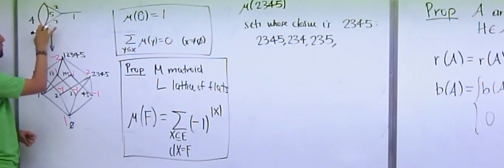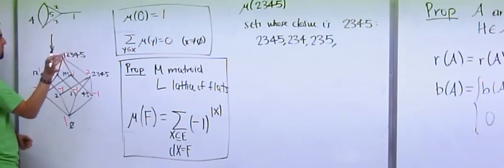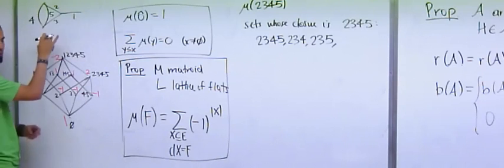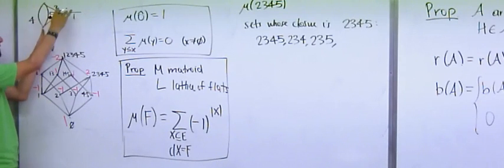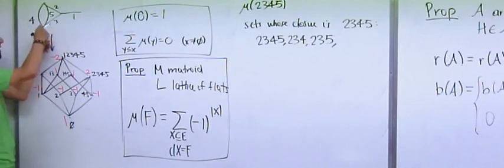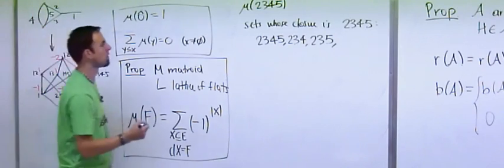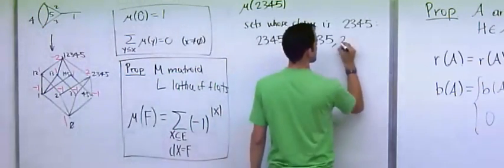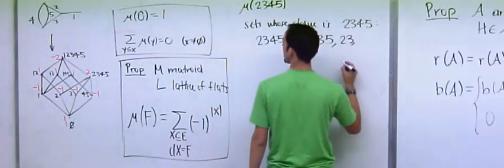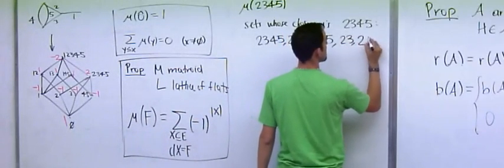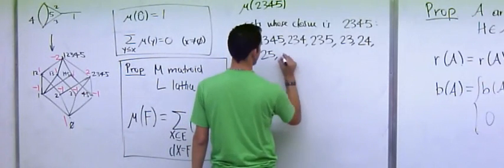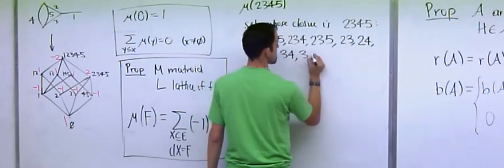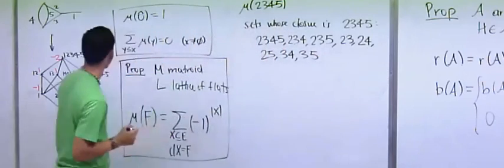No. The closure of 4 and 5 is just 4 and 5. But for example, 2 and 3 work because 4 is in the closure of 2 and 3. 4 doesn't add any rank to 2 and 3. And in general, any two of these guys will work. So 2, 3 will work. 2, 4 will work. 2, 5 will work. 3, 4 will work. 3, 5 will work. And I think that's it.